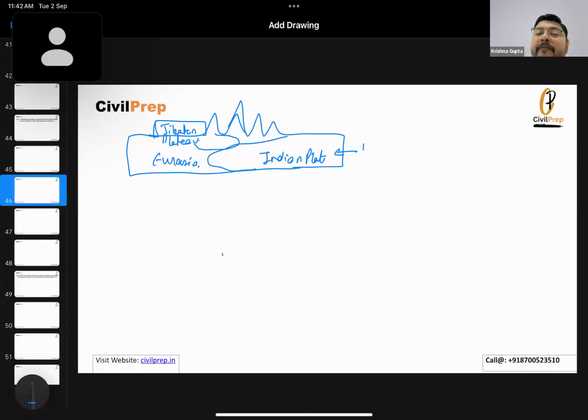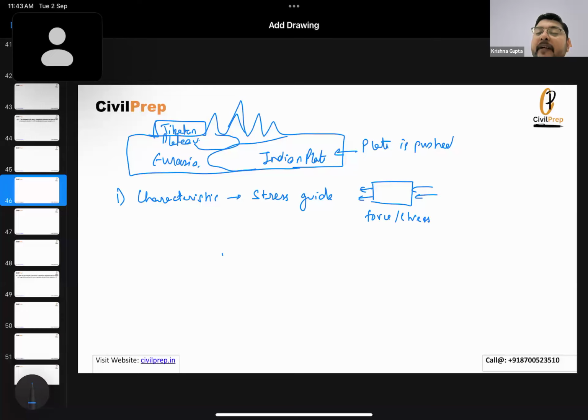As the plate is being pushed, one of the characteristics of a plate is that it acts as a stress guide. When a plate is acting as a stress guide, for example, when pushing of the plate happens from one end, the complete force or stress will be transferred from one end to another end.